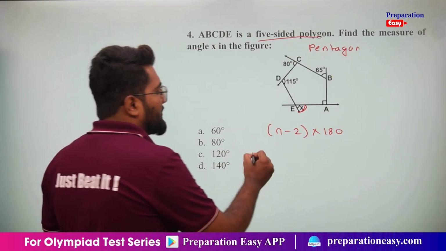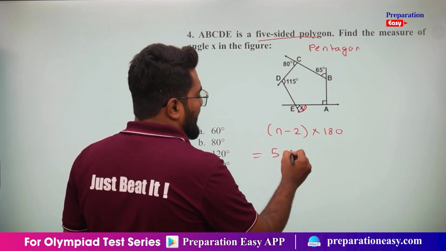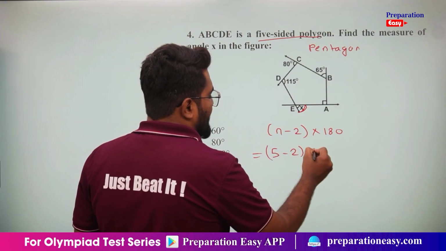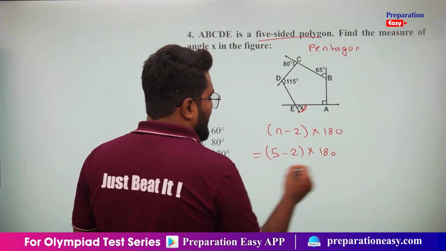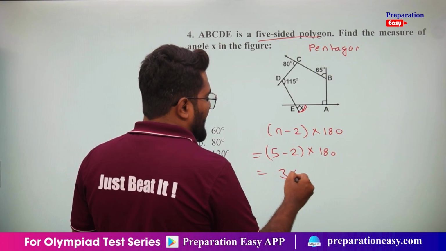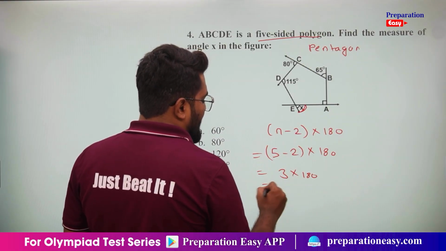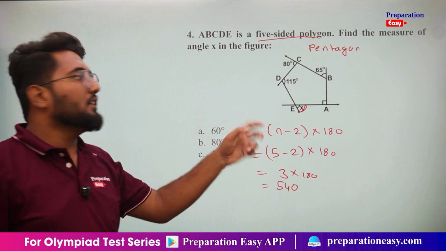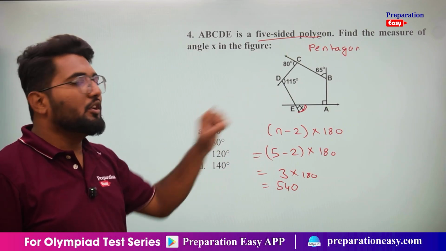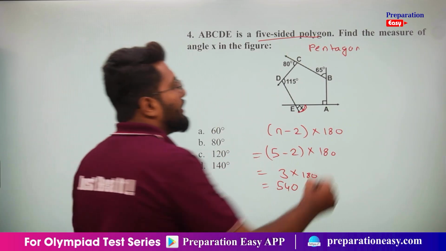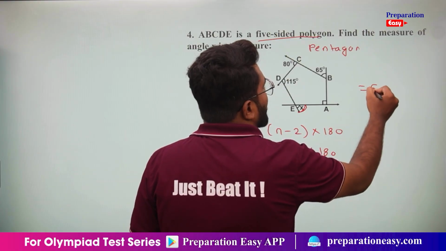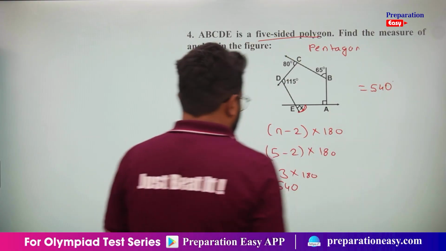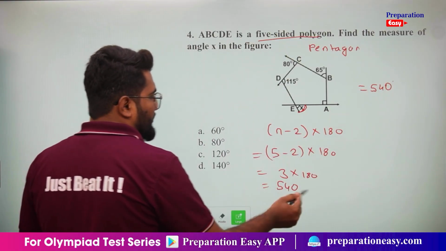So the formula becomes (5 minus 2) multiplied by 180, that is 3 multiplied by 180, which is 540. So the total angle sum of this polygon is 540 degrees. Okay, got it?